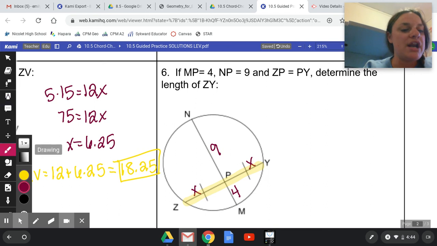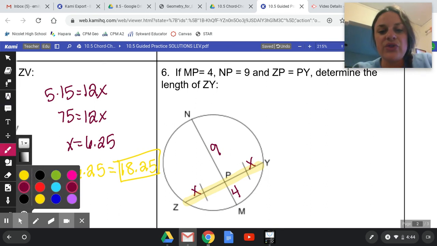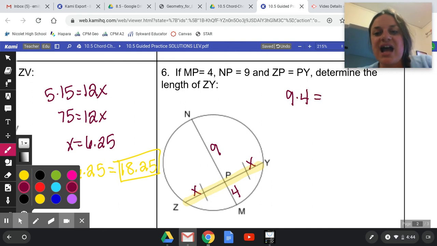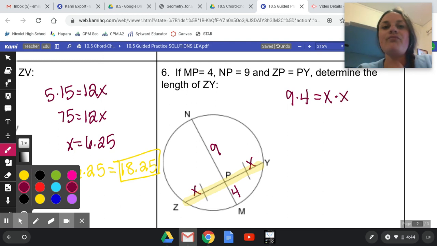So step 1, solve for x. Let's do this. So 9 times 4, multiplying down the sides, is equal to x times x. Okay, setup so far so good. Part times part equals part times part. 9 times 4 is equal to 36. X times x is equal to x squared. What do I need to do now in order to get x by itself?